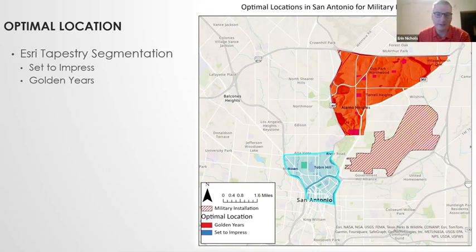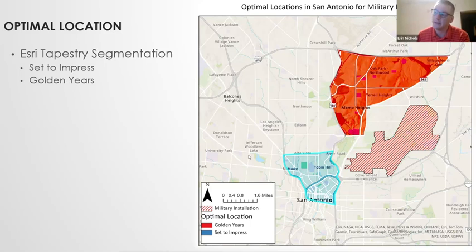I took all these variables and, based on the comprehensive analysis, I found two ideal residential locations for military personnel to reside in. These were due to proximity to essential services, accessibility to Fort Sam Houston, and overall livability, ensuring that military families had a high quality of life and that their unique needs would be met.